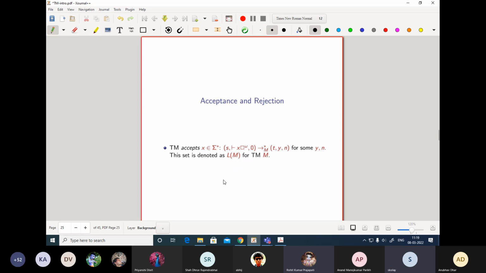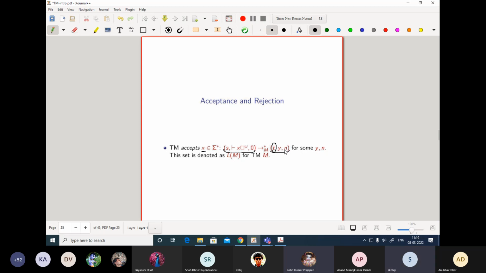Okay, now let's come to acceptance and rejection. So Turing machine M accepts X if you can derive a configuration T, Y, n from the start configuration, where T is the accept state.